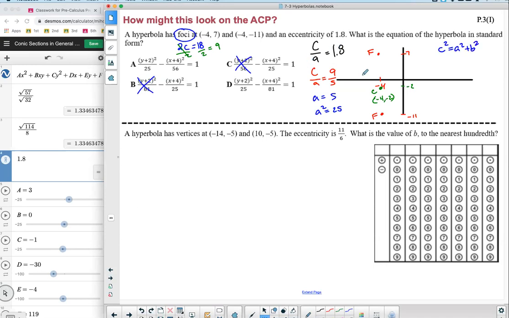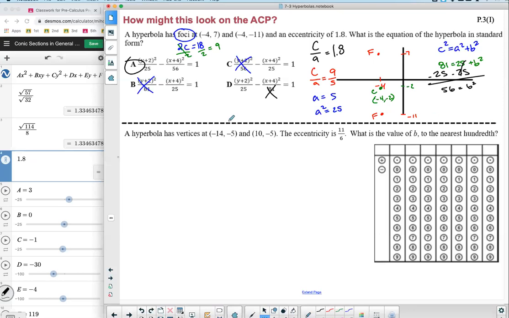We know C is 9, so 9 squared, 81, will equal 25 plus B squared. So I subtract my 25 over. I'm getting 56. 56 would equal B squared, which eliminates D. So the answer would be A.